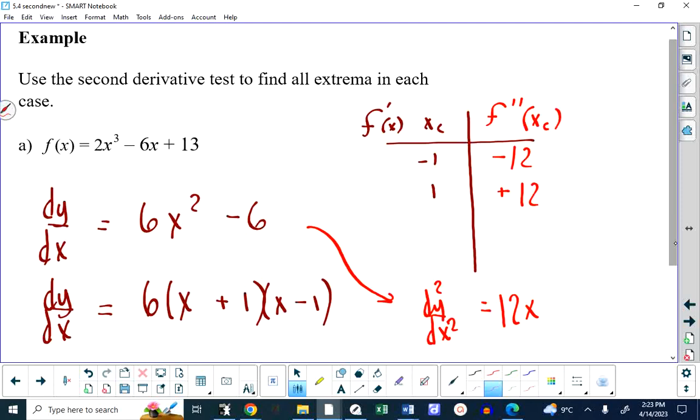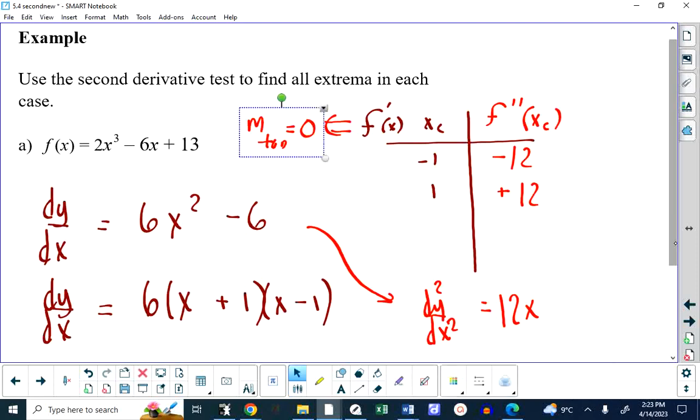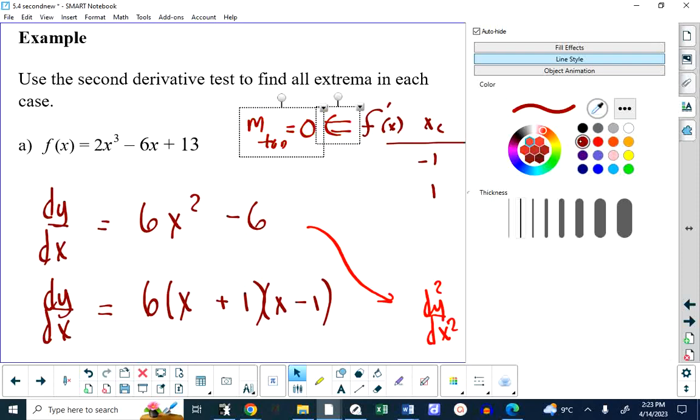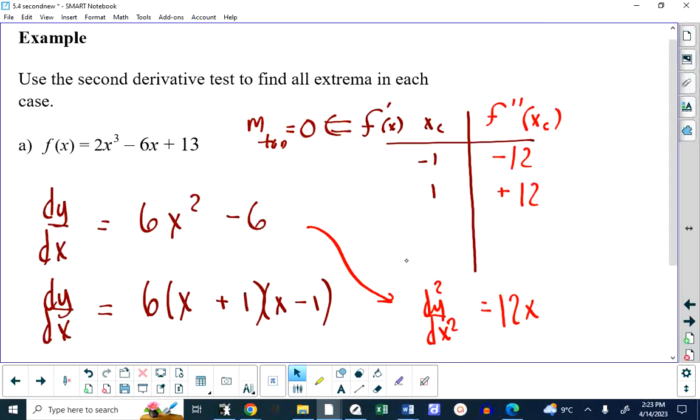There's a lot going on here, and I feel as though maybe I might be overcomplicating things, but this is telling you that the slope of the tangent is 0, right? That side of the table is telling you that at those points the slope of the tangent is 0. This side is telling you that at -1 it's concave down, and at +1 it's concave up.